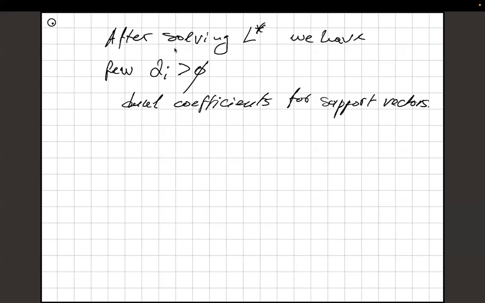But what do you do with them? You actually take these coefficients and compute W and B. So the vector W and B. So now remember that W is a vector of individual weights, individual contributions of features, and B is a bias parameter.